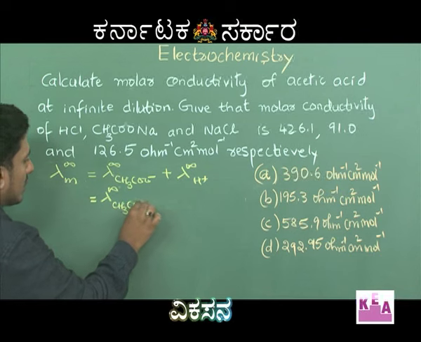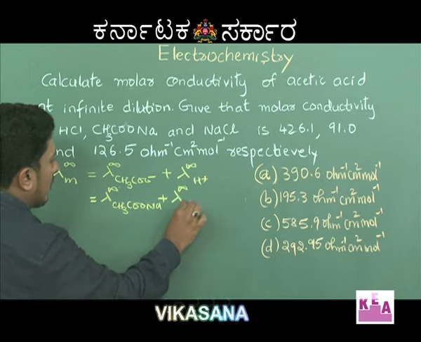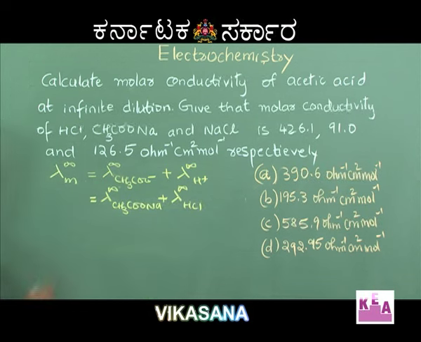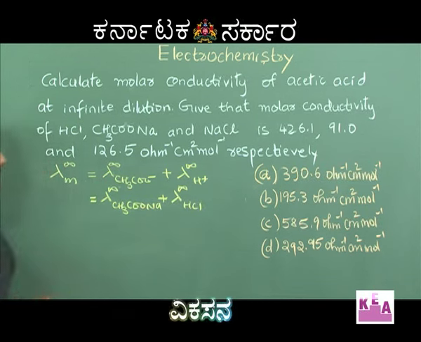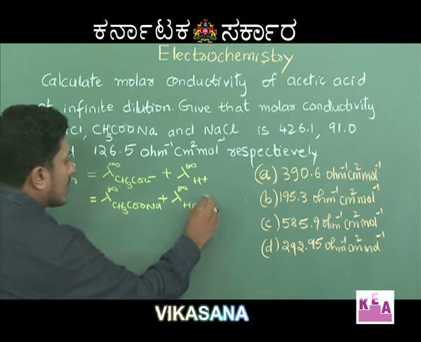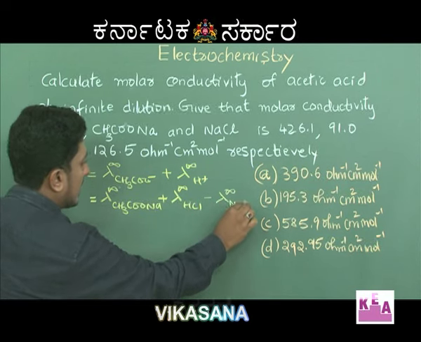Molar conductivity of sodium acetate plus molar conductivity at infinite dilution of HCl. If I take the sum of these two, then the contributions from Na and Cl will also be added in the value. Hence, I need to subtract the contribution from Na+ and Cl-. So, it will be minus molar conductivity due to NaCl.